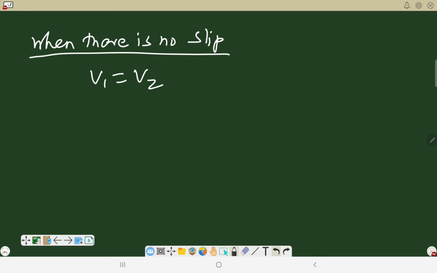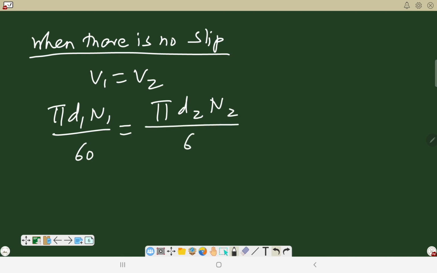For V1 we have the formula pi d1 n1 upon 60, and for V2 we can write pi d2 n2 upon 60.